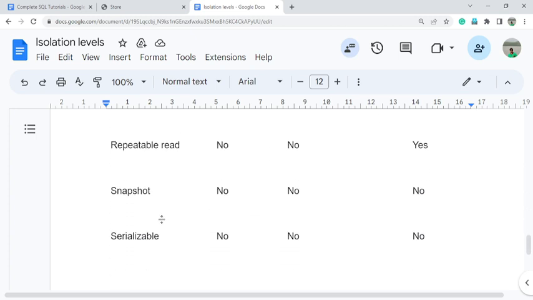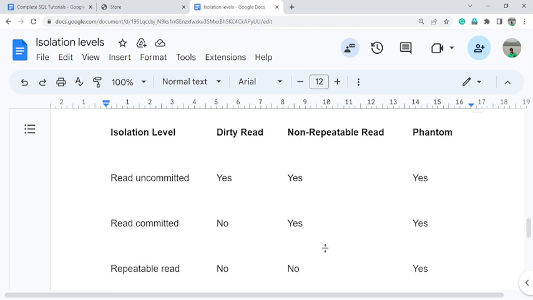But if you go to serializable, it's no. You can also get the cross question: can we get a dirty read in read committed? You can answer no. Can we get a non-repeatable read in read committed? You need to answer yes. Phantom is also yes. This table gives a clear picture for understanding.